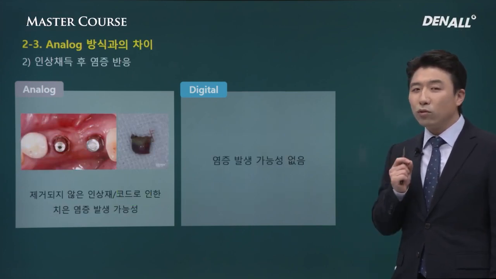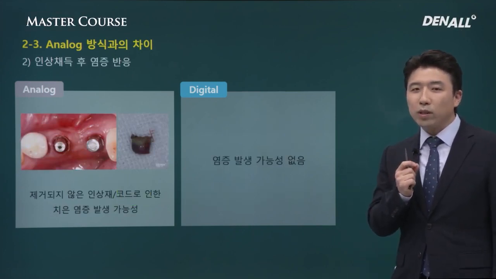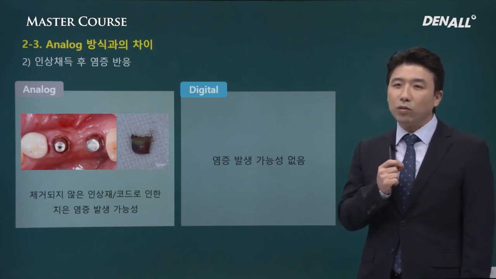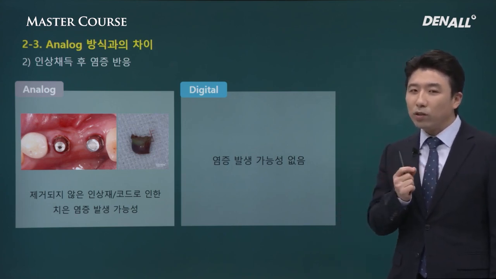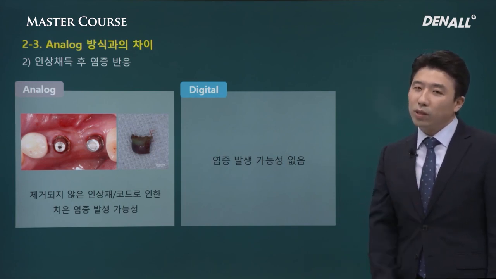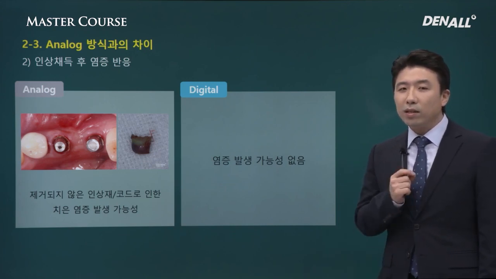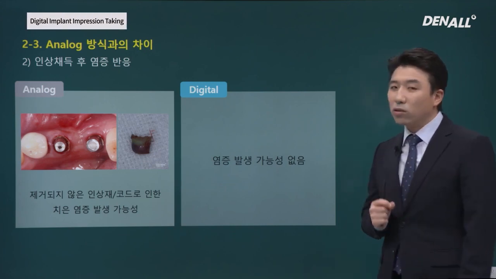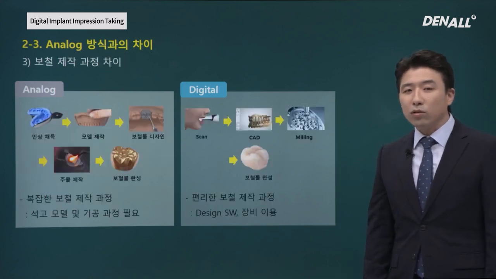Impression materials come in contact with the gum and oral cavity, causing inflammation, and the impression material can remain in the mouth, causing inflammation. That's a disadvantage, but the digital method is free from that, so it is free from inflammation.